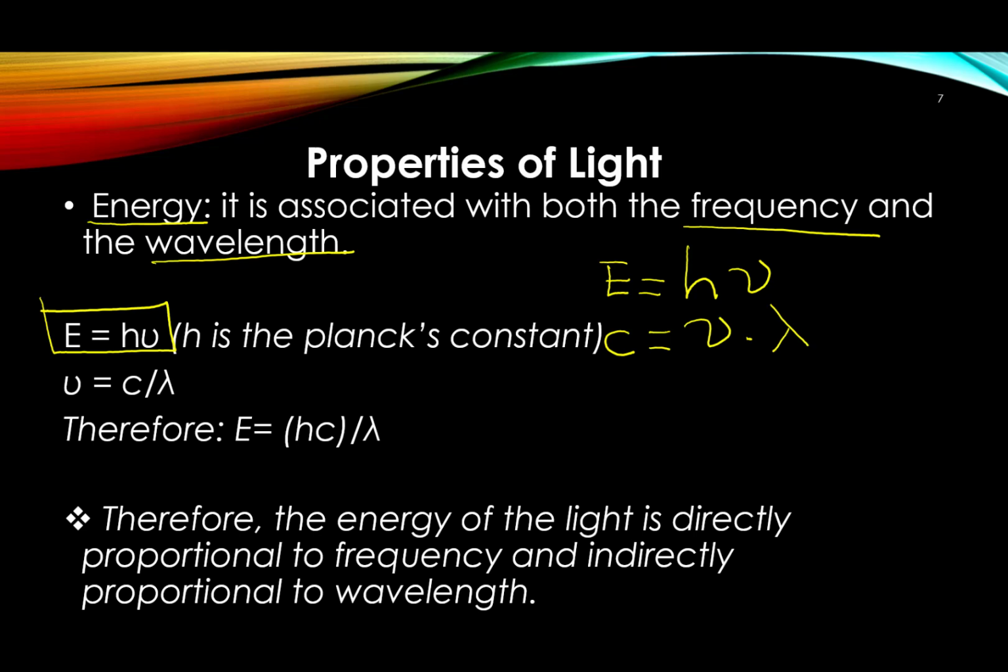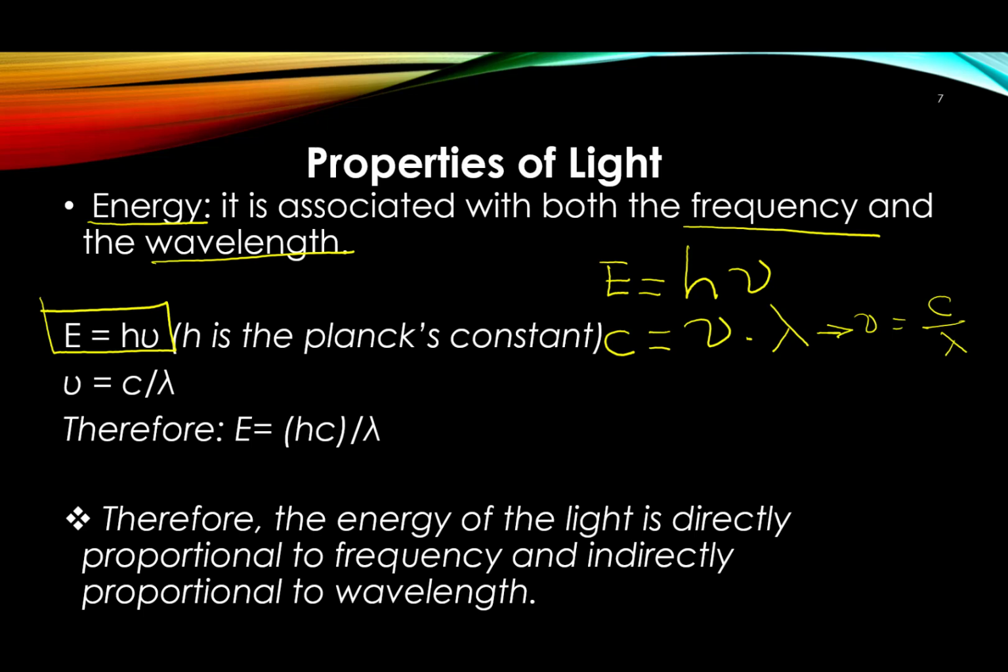Then what we're going to do is solve this equation in terms of wavelength, which is the speed of light over frequency, which is the speed of light divided by wavelength.